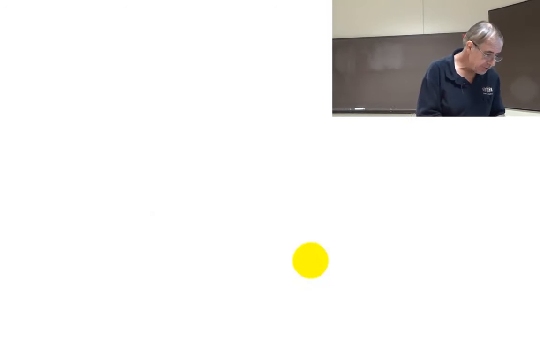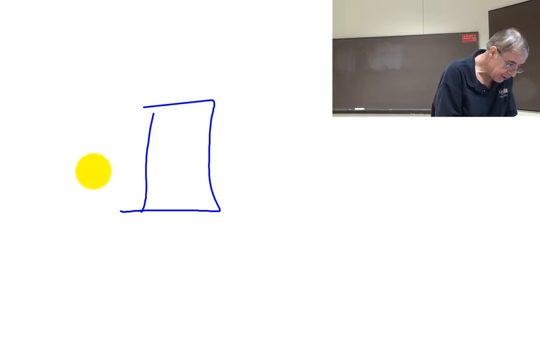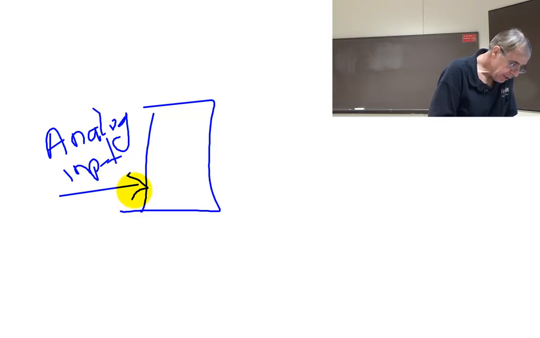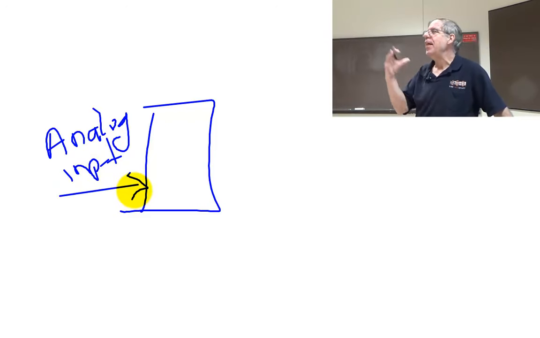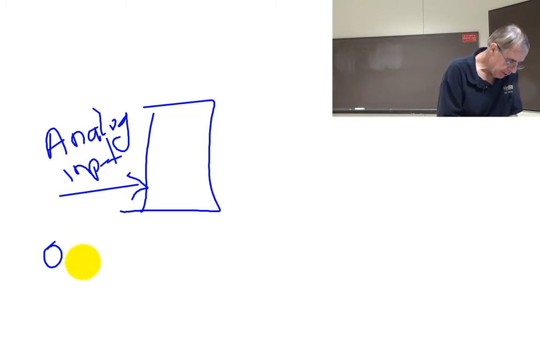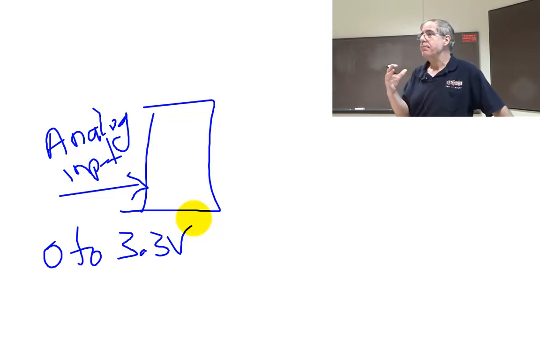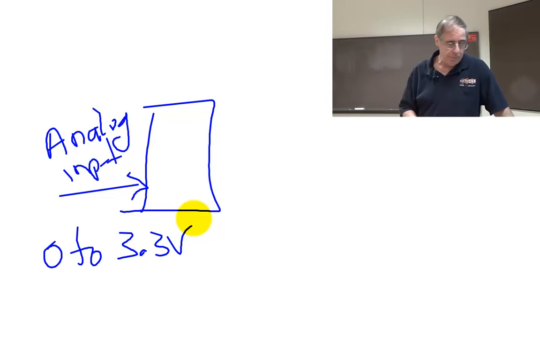The cool part about this whole field of circuits that follow this pattern is that they have analog inputs, which means the input can exist at any voltage between 0 to 3.3 volts. Any voltage in that range is acceptable. But what does it create as an output?